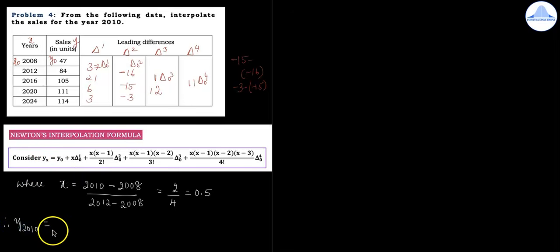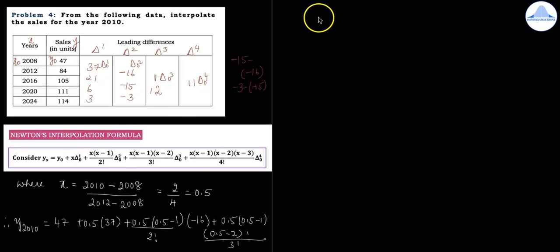This is equal to 47 plus 0.5 into 37 plus 0.5 into 0.5 minus 1 divided by 2 factorial into minus 16 plus 0.5 into 0.5 minus 1 into 0.5 minus 2 into 1 whole divided by 3 factorial.